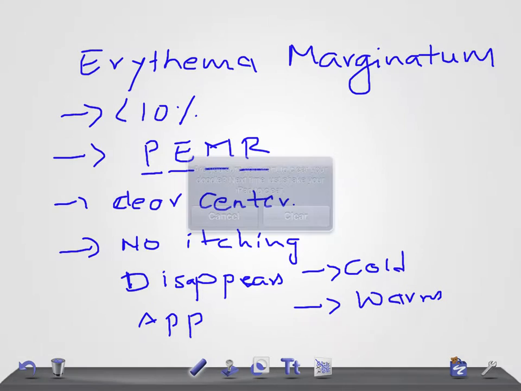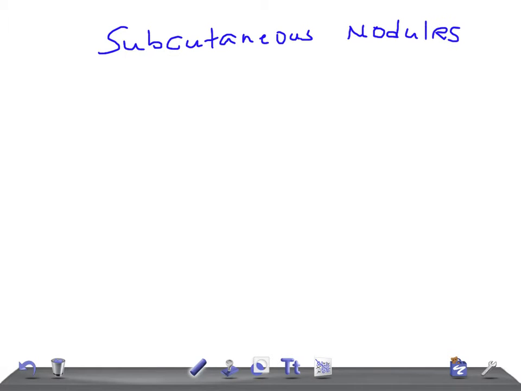So let's talk briefly about subcutaneous nodules. The incidence is around 2 to 10% of the patients.